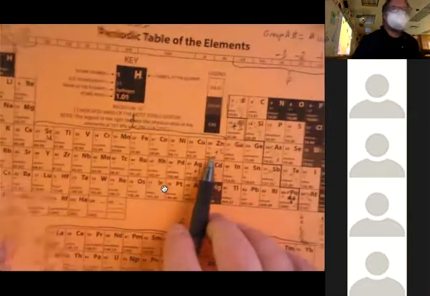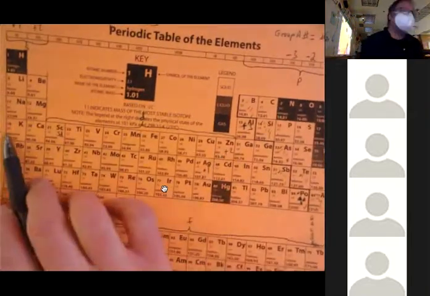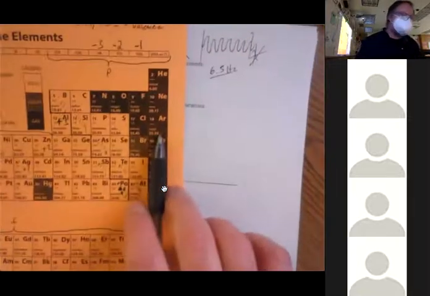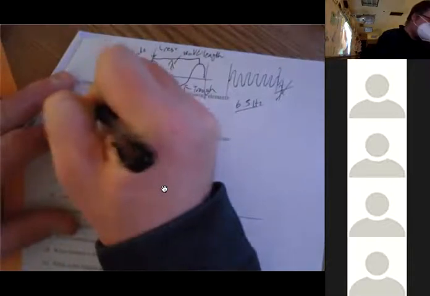Cool. Then it says write the abbreviated electron configuration. So zinc is here. We go back to the previous noble gas, which is argon. Argon, where's my whiteout? There we go.